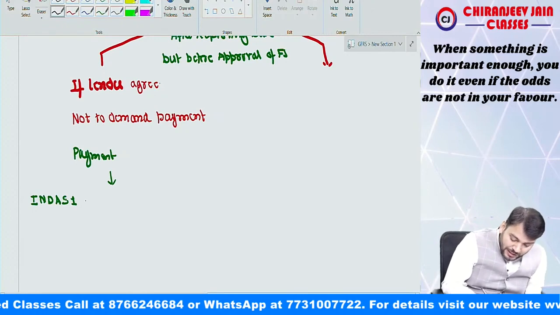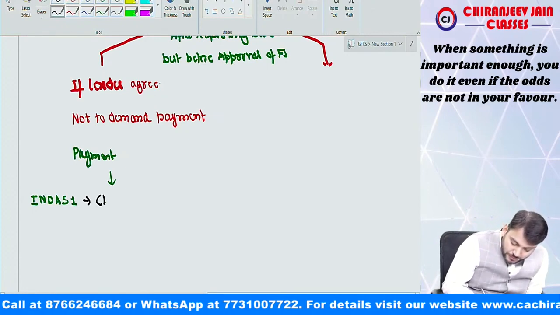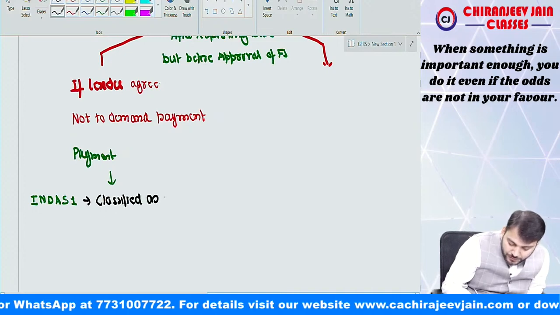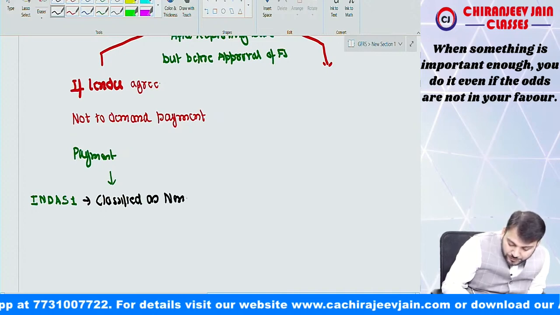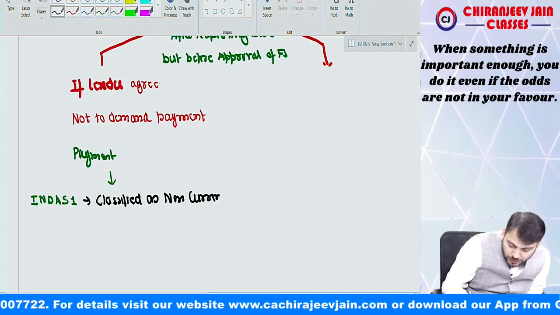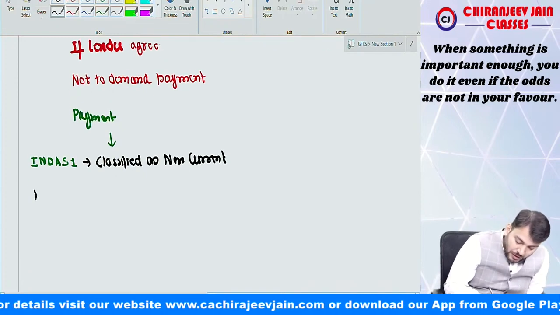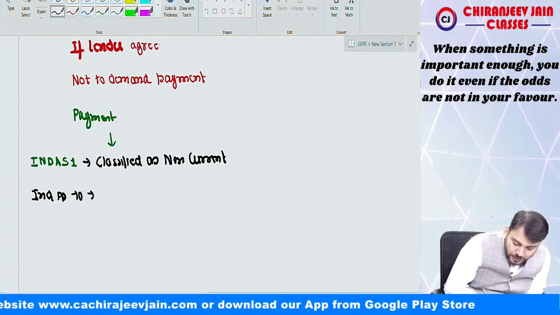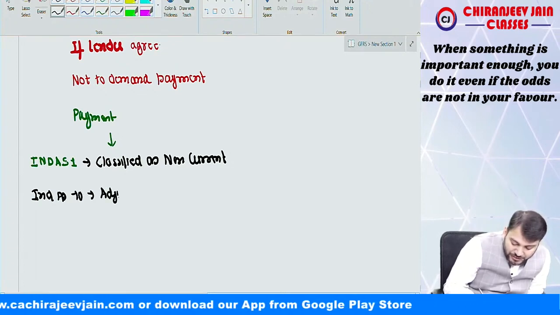Correct. Now what Ind AS 1 says, it will be classified as non-current, and what Ind AS 10 says, it will be considered as an adjusting event.